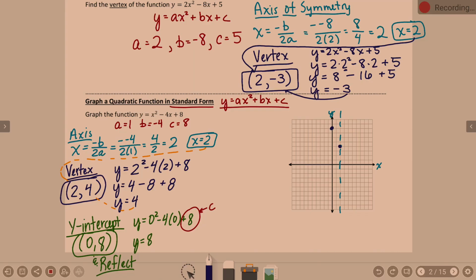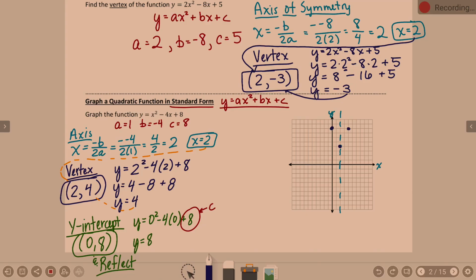Where is my reflected point? This 8 is where? It's 2 to the left of the axis of symmetry, so where should I have an equivalent point? 2 to the right of the axis of symmetry. So at 4, 8. Now, is that officially enough points? I'll take it for this. Okay, if they ask you to do axis of symmetry and vertex, if you find one other point, I'll take it.